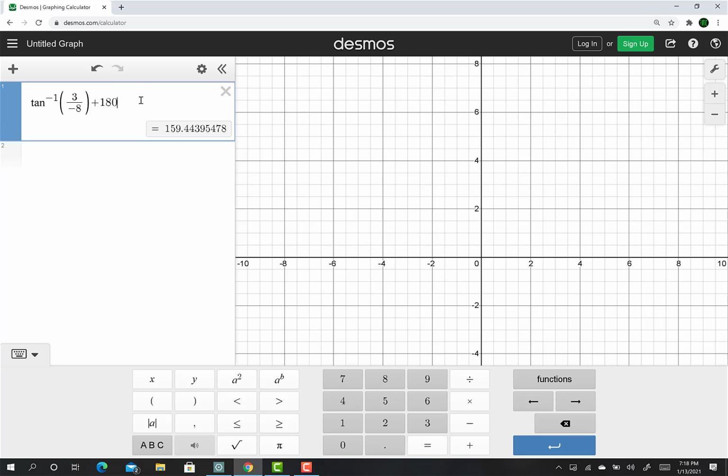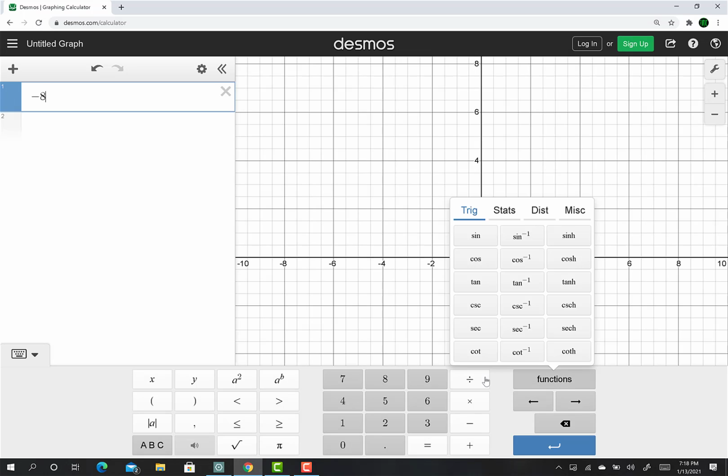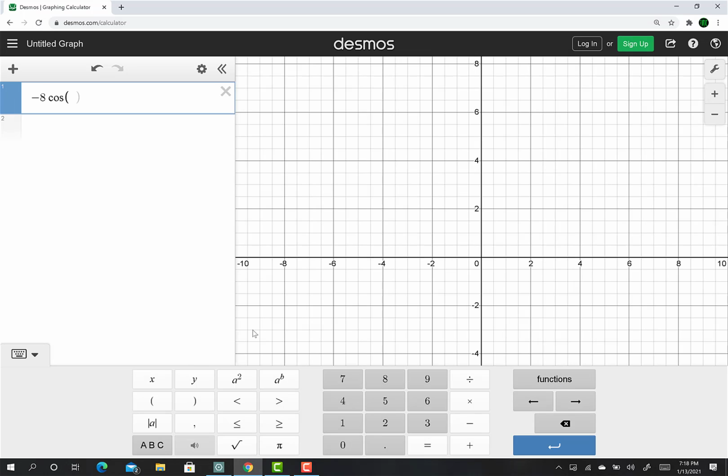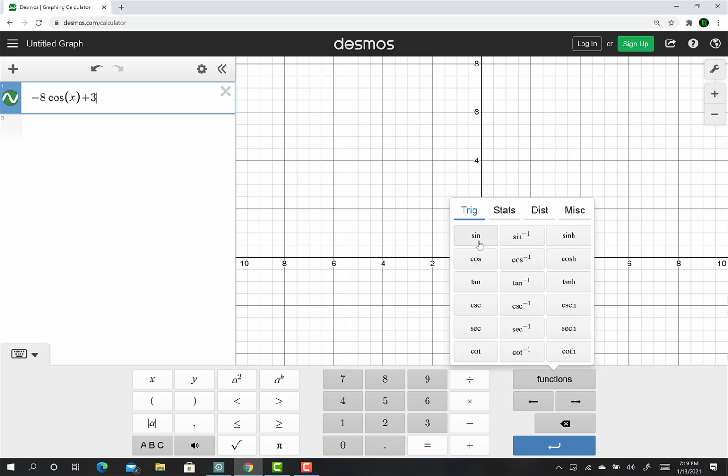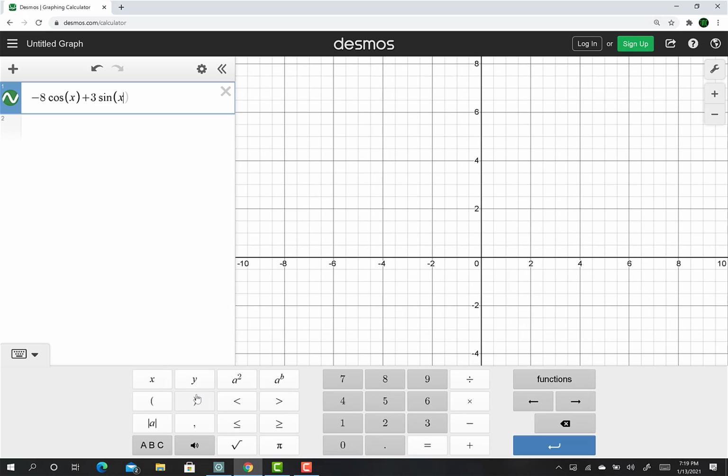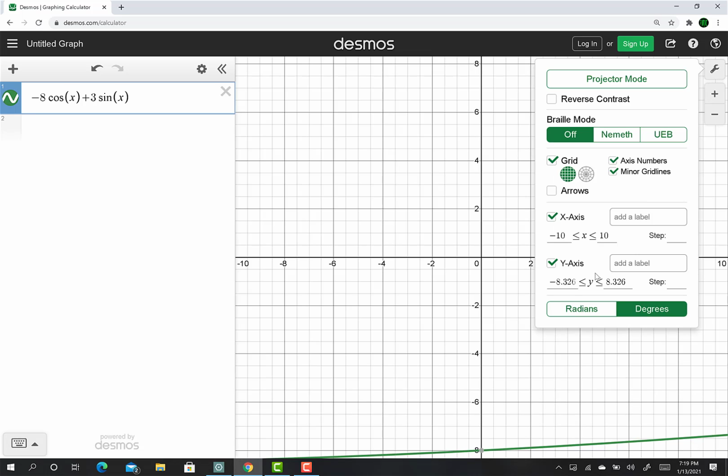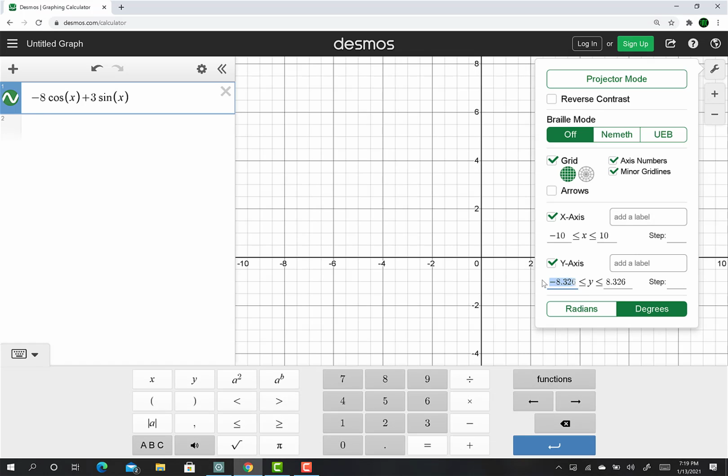-8 cosine theta, or x, plus 3 sine. And I have a wave. You can't see it. You're like, Chavez, where's the wave? Let me show it to you guys.